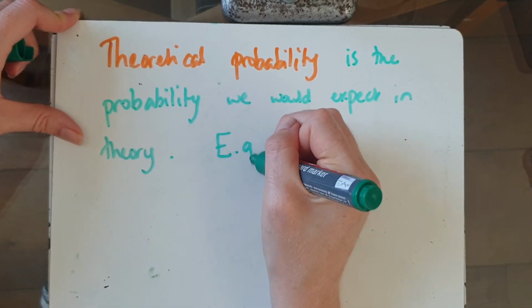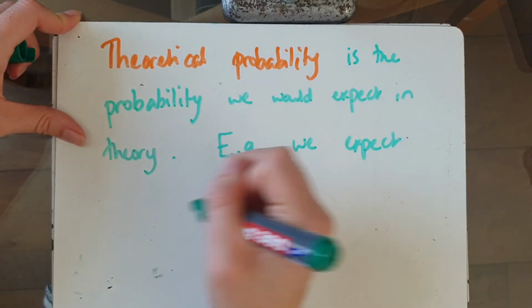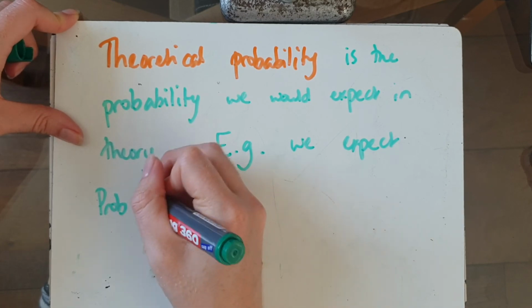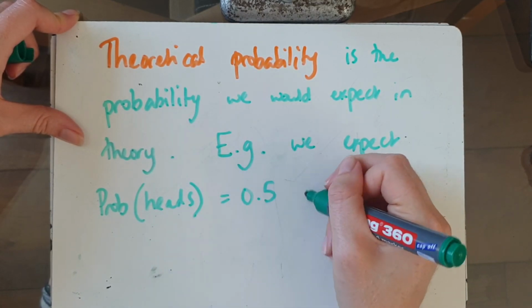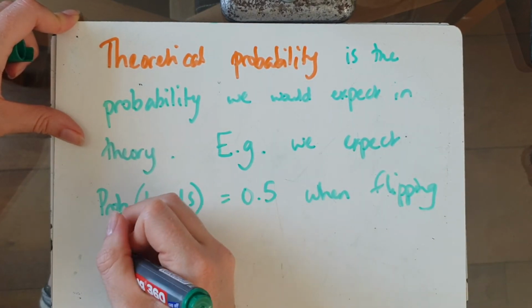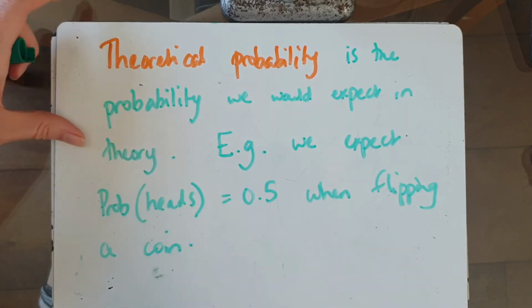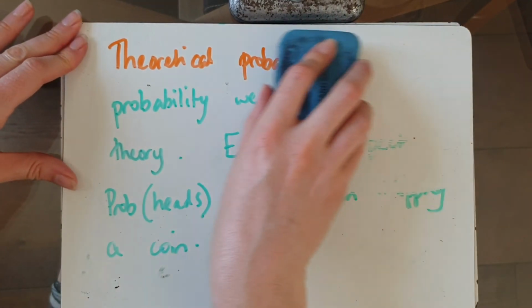For example, we expect the probability of landing on heads to be 0.5 when flipping a coin. So that is theoretical probability. Please copy that down. Pause the video if you need to.